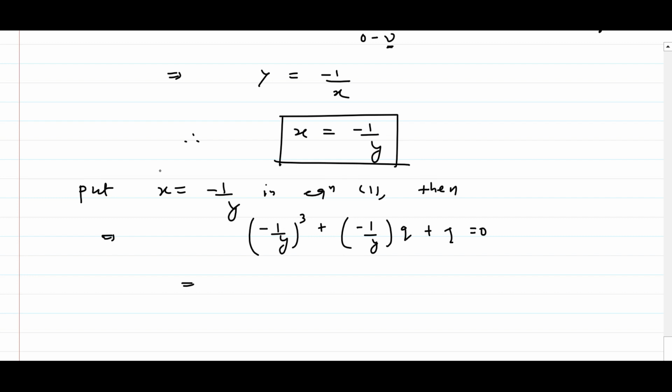So here it will be negative 1 upon y to the power 3 negative q over y plus r is equal to 0.